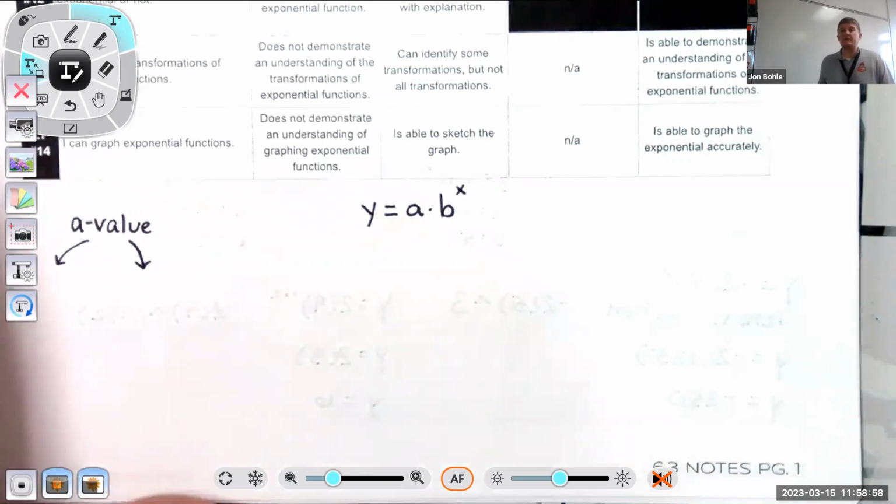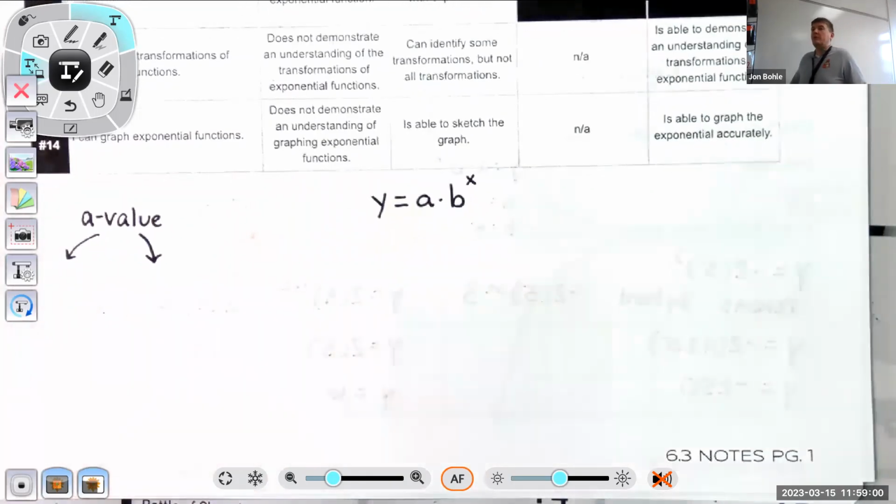With that A value, what are the two different things that A value can do for you? So based on the page that we were just on, the one we were just working through, what are the two different things that that number out front can do to us? What are the transformations?